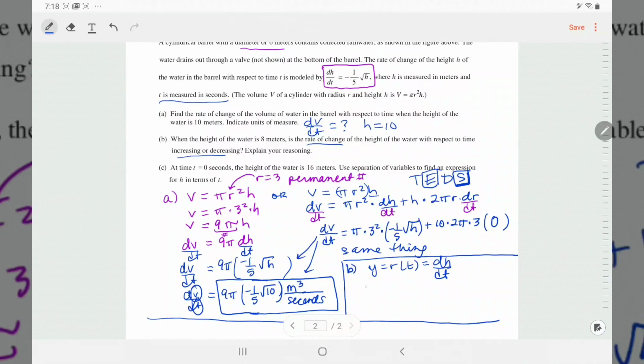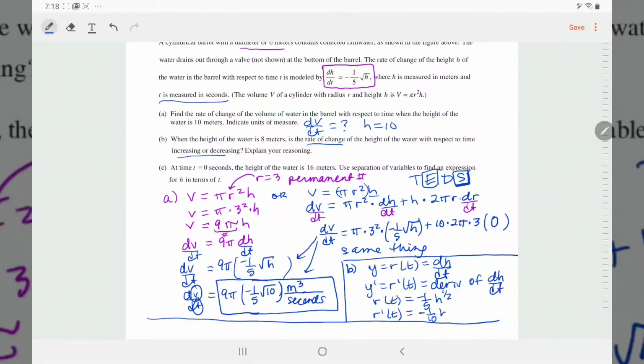So I'm going to call it r of t equals negative 1/5 h to the 1/2, and this is r prime of t. The derivative is negative 1/10 h to the negative 1/2 times dh/dt. That's a little strange. This is a second derivative implicit, but it doesn't look like it. I want to know the rate at 8.